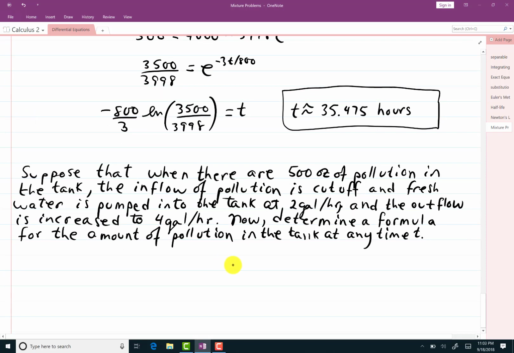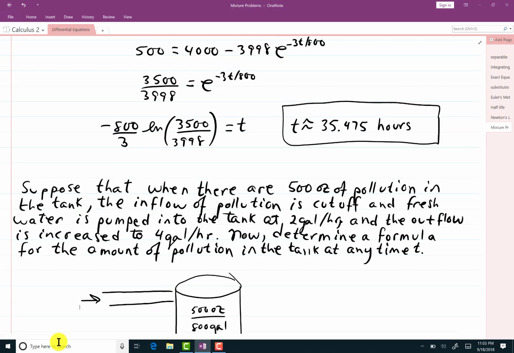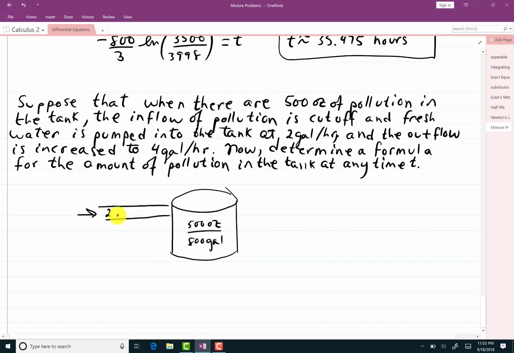All right, so once again, let's draw a picture. Now we have reached 500 ounces of pollution, 500 ounces. This is the initial amount, and we had 800 gallons of water. So at this point, water is being pushed in at 2 gallons per hour, and that's 0 ounces per gallon. But we are leaving here at 4 gallons per hour.